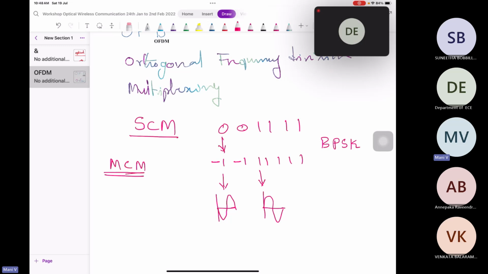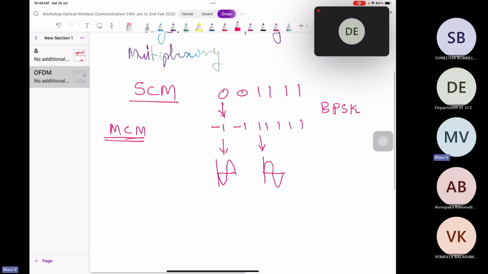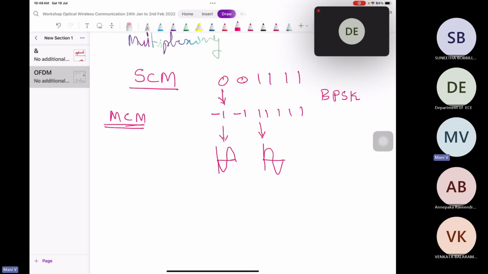So what is this multi-carrier modulation scheme? It means there are many users in the communication system, right? To give access to all of the users, each user must be given one carrier. Suppose I am communicating my signals over the air, each mobile has one number, and that number signifies how you are communicating your signal.